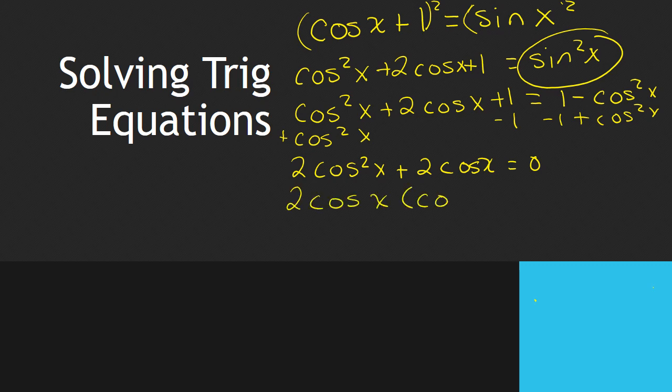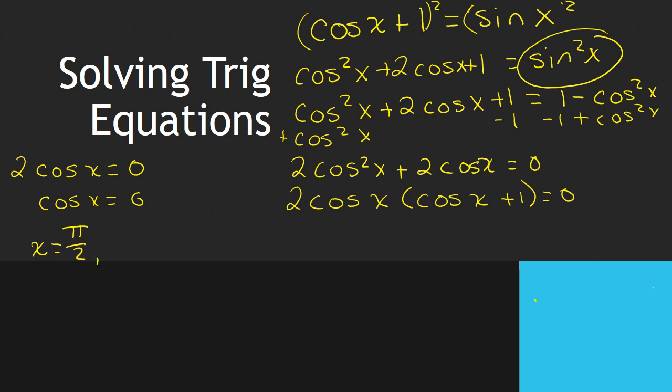Okay, so I'm going to go ahead and factor out a like term, 2 cosine x, and it leaves me with cosine x plus 1. Set both of these equal to 0. I'm going to do that over here. So 2 cosine x equal to 0, which means cosine x is equal to 0, and x is equal to pi over 2 and 3 pi over 2.